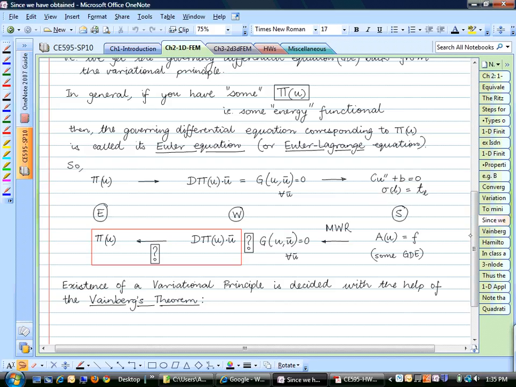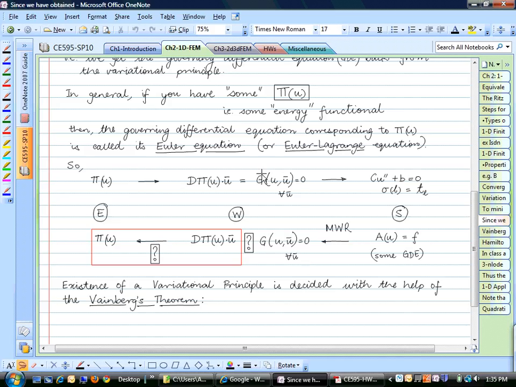All right, so these are basically some of the general principles that we'll be using for two-dimensional and three-dimensional problems also. But this procedure is pretty much what we are after. So if somebody gives us a differential equation, we do our method of weighted residuals, we come up with a principle of virtual work.